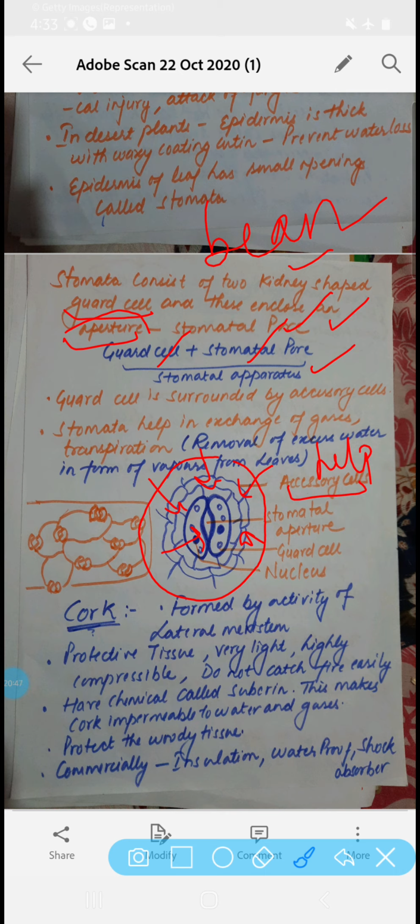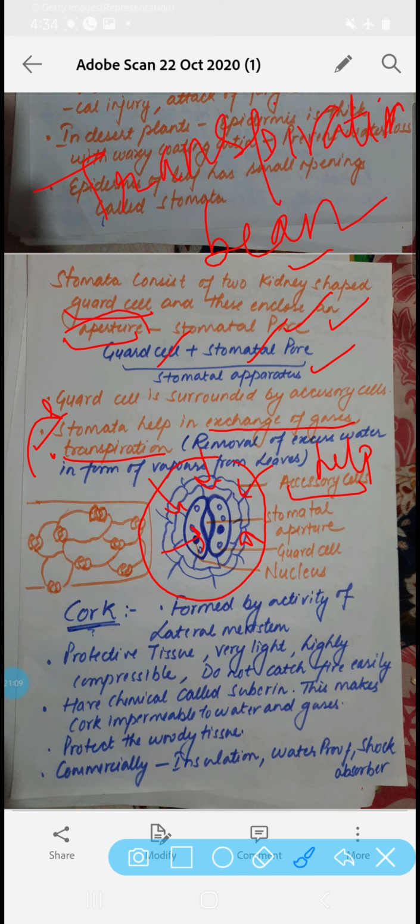Now when the stomata are open, it helps in exchange of gases, and the second important part in which stomata help is transpiration. I hope you all have heard about the term transpiration earlier.